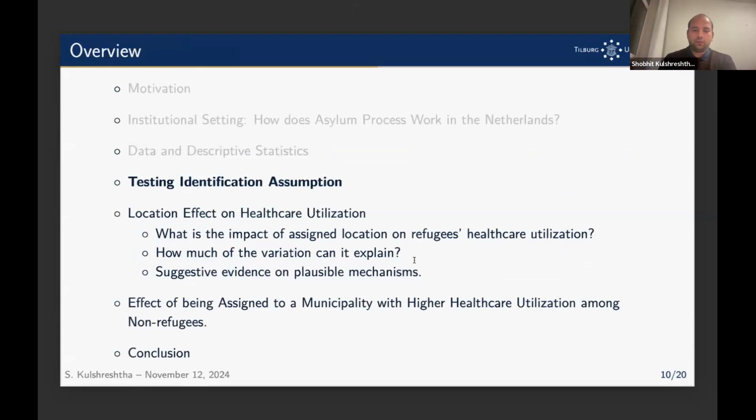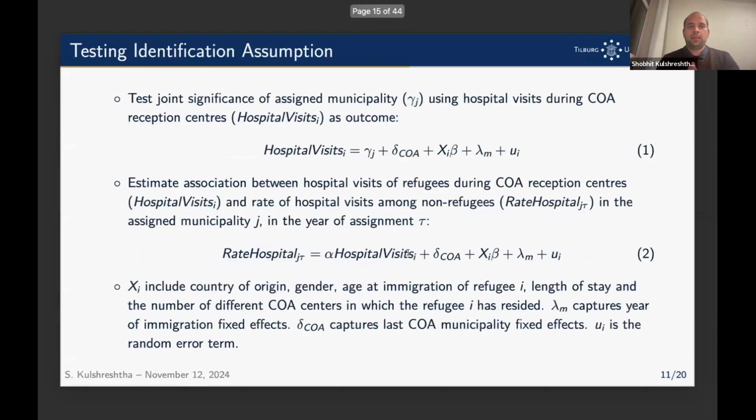Now that I've explained the data, I will jump into how I test this identification assumption. I do it in two different ways, mainly because I'm answering two different questions. The first question was, how does the municipality affect their healthcare utilization? What I want to test is whether the municipality they were assigned to cannot explain their predicted healthcare utilization.